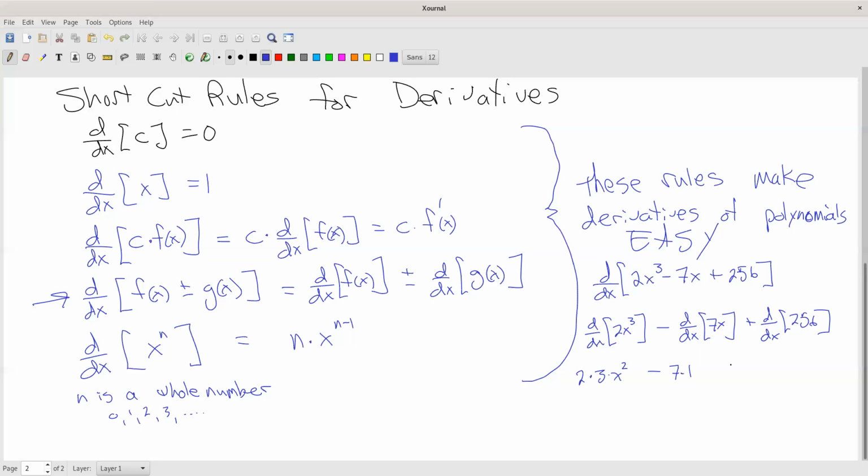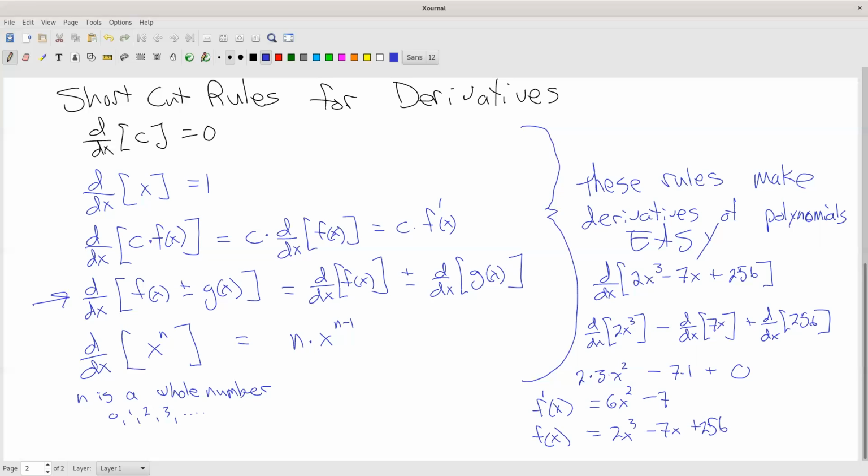And then this is a constant right there, and the derivative of a constant is 0. Cleaning this up, 2 times 3 is 6x squared minus 7. That is f prime of x, if f of x was equal to 2x cubed minus 7x plus 256.